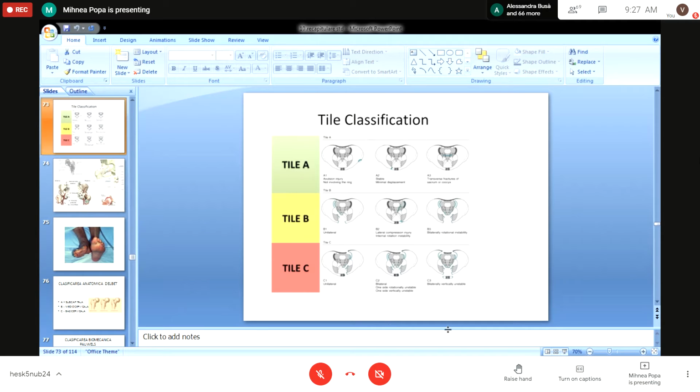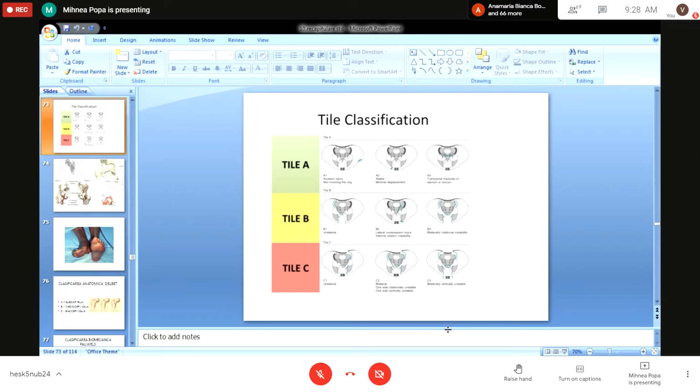And type C are the most unstable of them. They are unstable also in rotation, but also in a vertical plane. So these fractures appear if the patient falls from a height onto his feet, for example. So he doesn't have only lesions that produce instability in rotation, but also in the vertical plane.